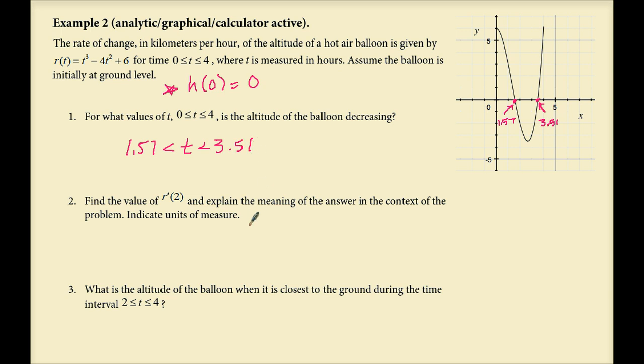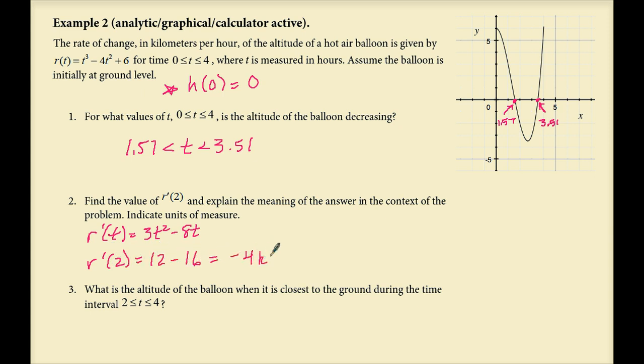Find the value of r prime of 2 and explain the meaning of the answer in the context of the problem. Indicate units of measure. R prime will be the rate of change of our rate function. So let's find the derivative of r of t. R prime of t is 3t squared minus 8t, which means r prime of 2 will be 12 minus 16.